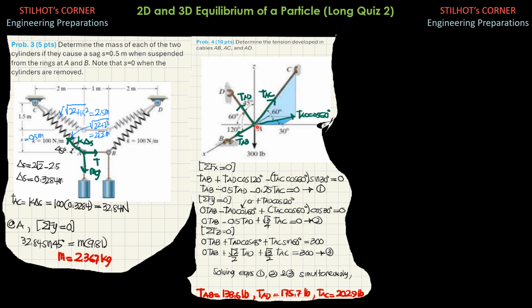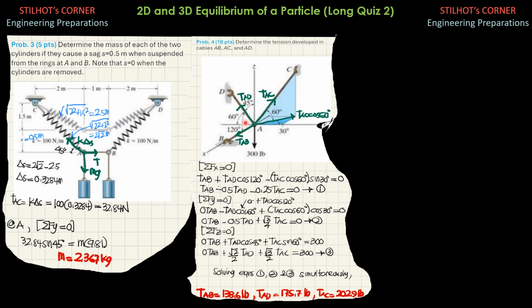It is directed backward, because the angle with the x-axis is 120 degrees, upward and leftward.